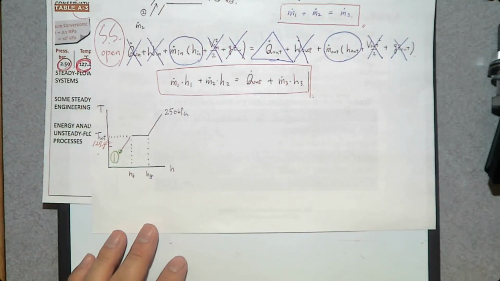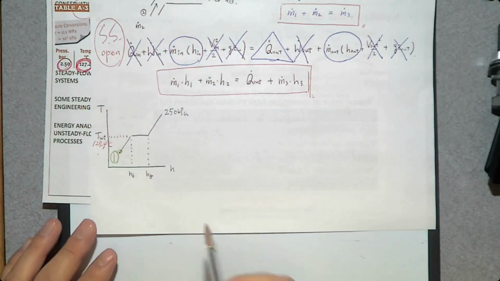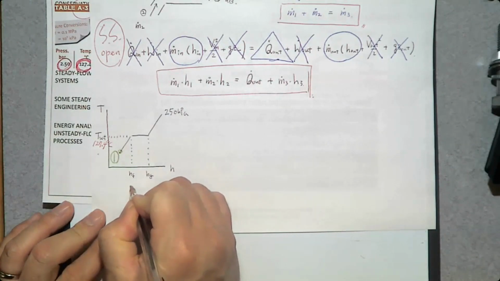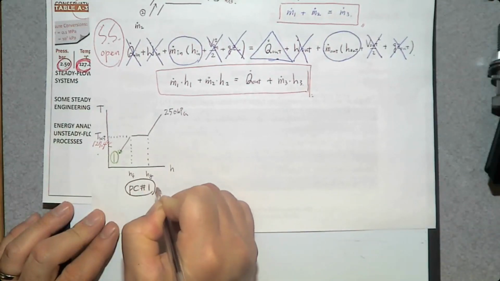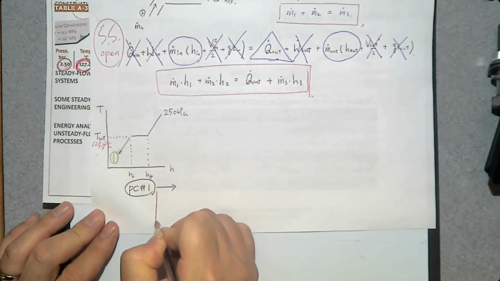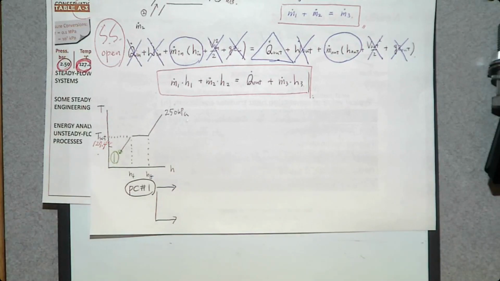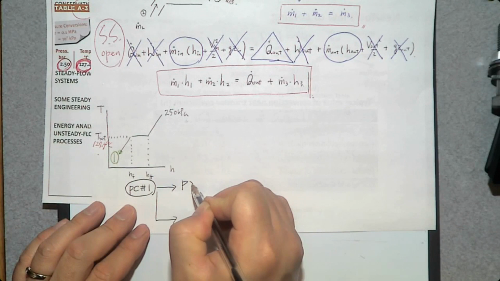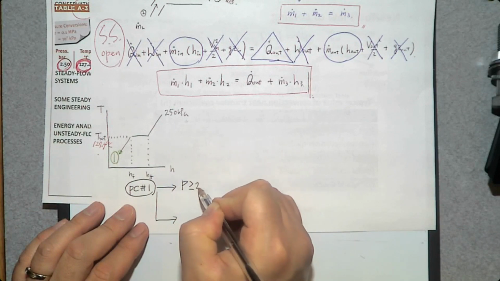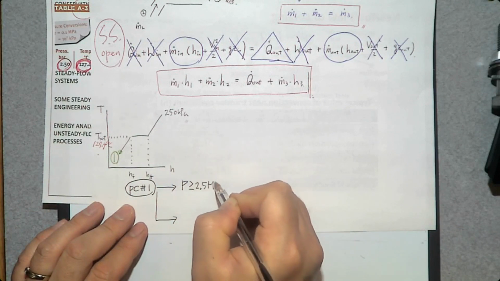Then how can you evaluate a property of compressed liquid? If it is compressed liquid, phase change process number 1, there are 2 different ways to determine its property. The first one is when pressure is high. How high? Equal to or greater than 2.5 megapascal.